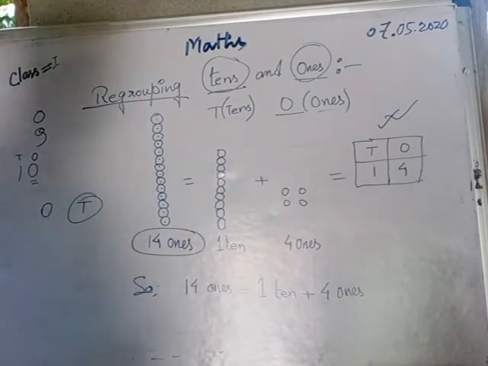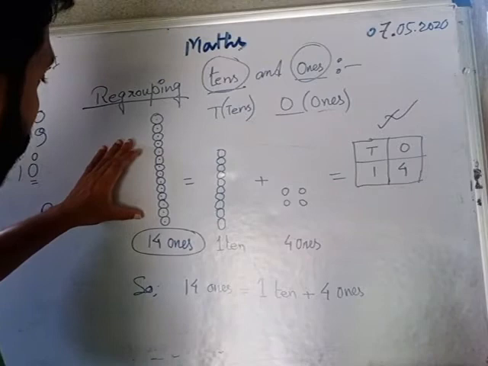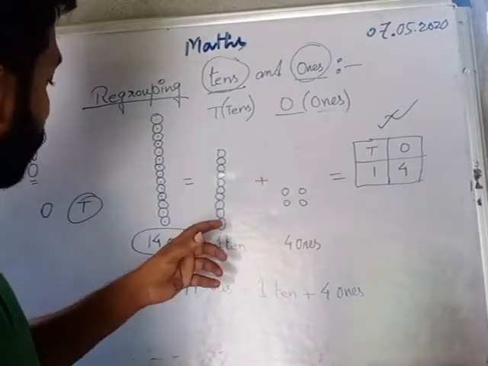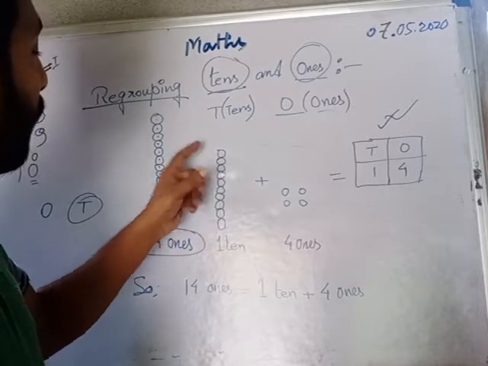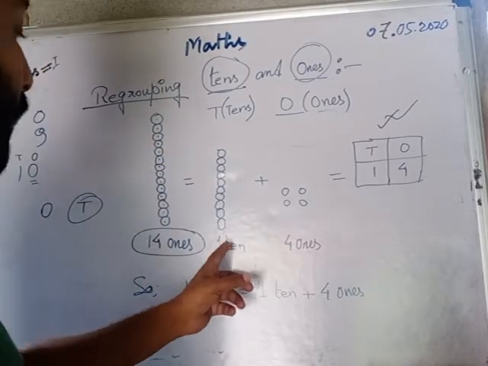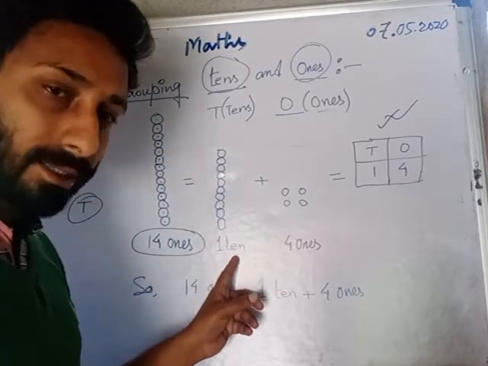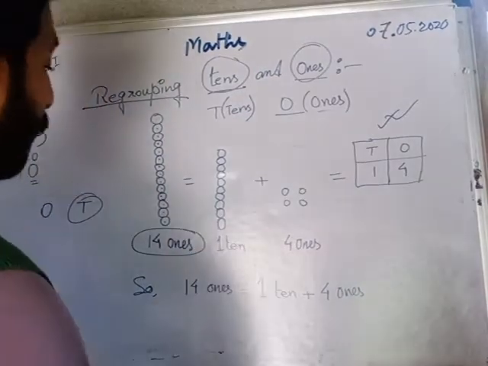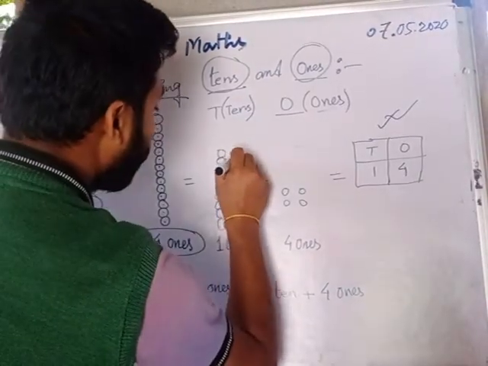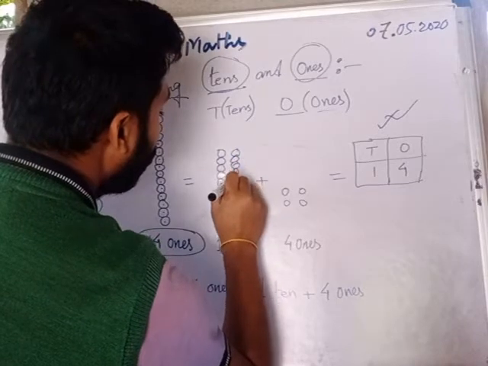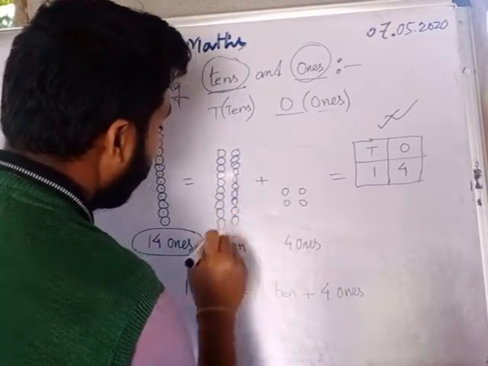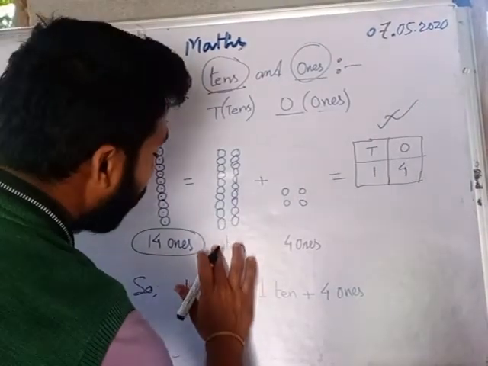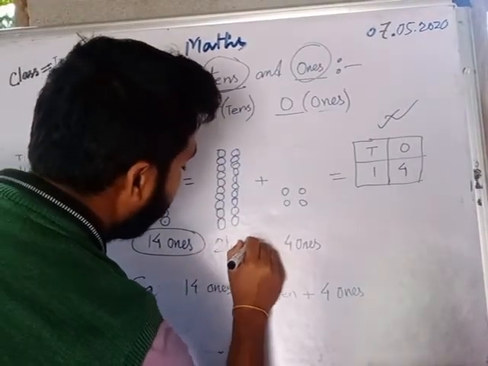How many tens? If we take 10 ones, that means 1, 2, 3, 4, 5, 6, 7, 8, 9, 10. 10 ones we should take. That means 1 ten, not 1 tens. If it is 2 tens, 1, 2, 3, 4, 5, 6, 7, 8, 9, 10, on that time we should write here 2 tens.